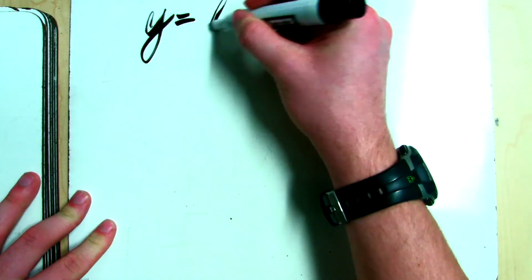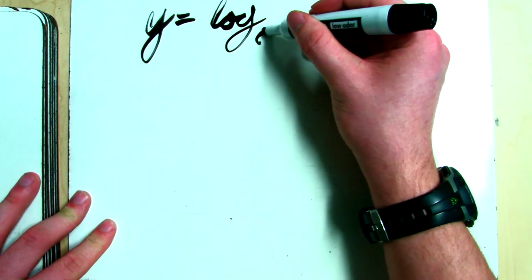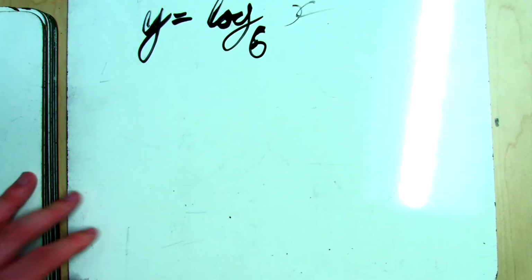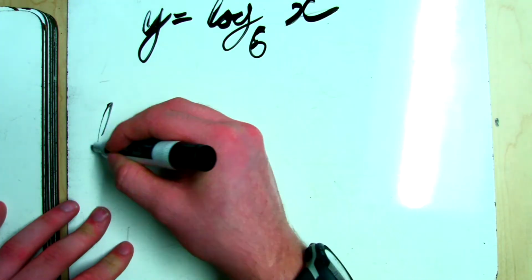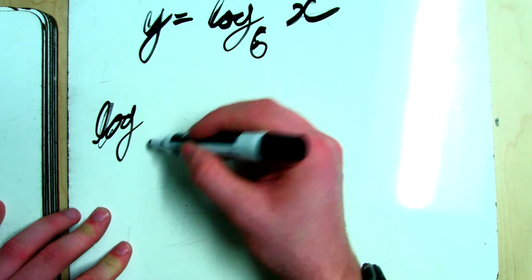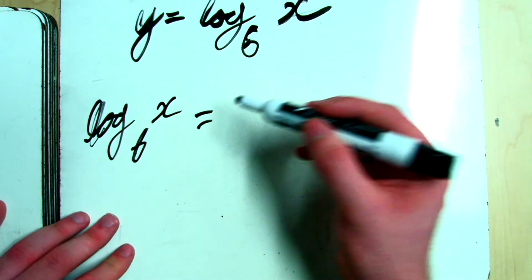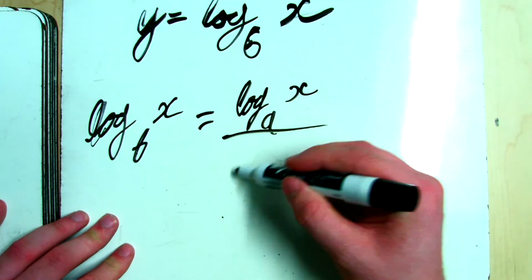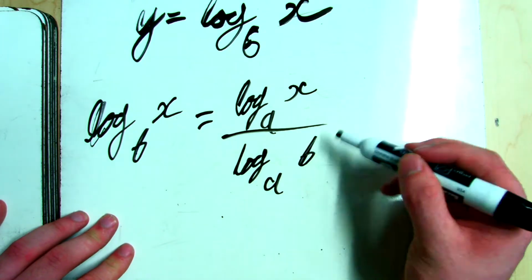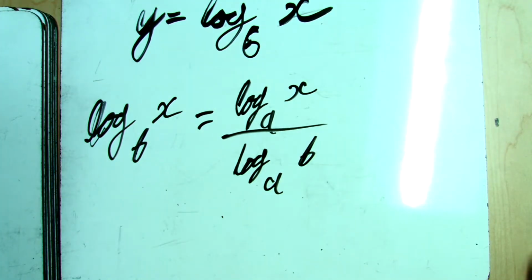But if it's not a natural log and instead is a different logarithm, then things get a little bit more complicated. In order to solve, let's say, y equals log base b of x, you have to realize the change of base theorem, which states that log base b of something is equal to log base a of the something over log base a of b, with a just being a common variable.